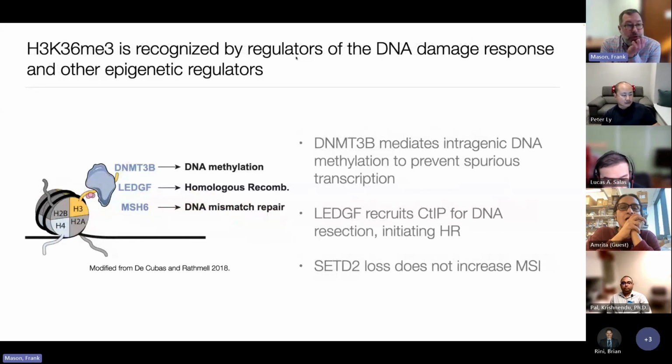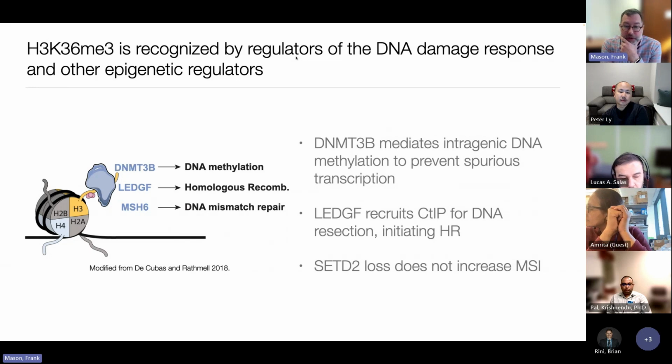And the mark that SETD2 puts down on chromatin, H3K36 trimethylation, is recognized by mediators of the DNA damage response and other epigenetic regulators. For example, DNMT3B can bind H3K36 trimethylation and mediate intragenic DNA methylation, and the thought is that it will prevent spurious transcription of introns.